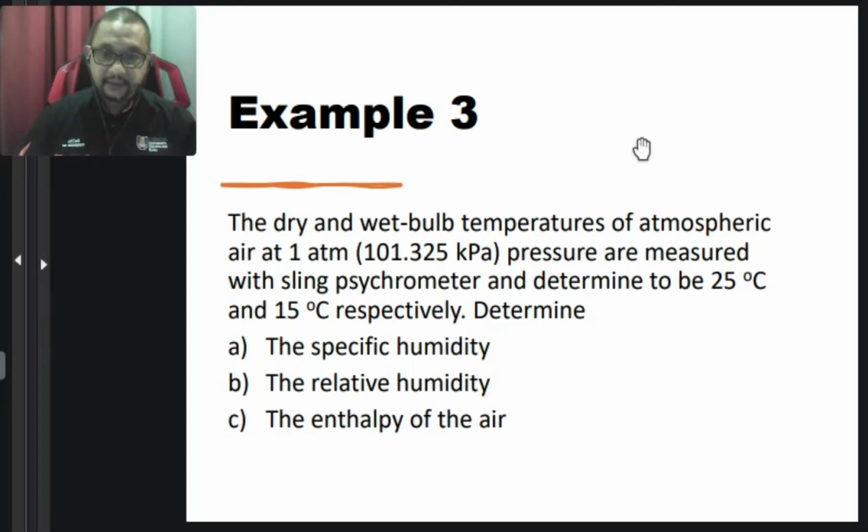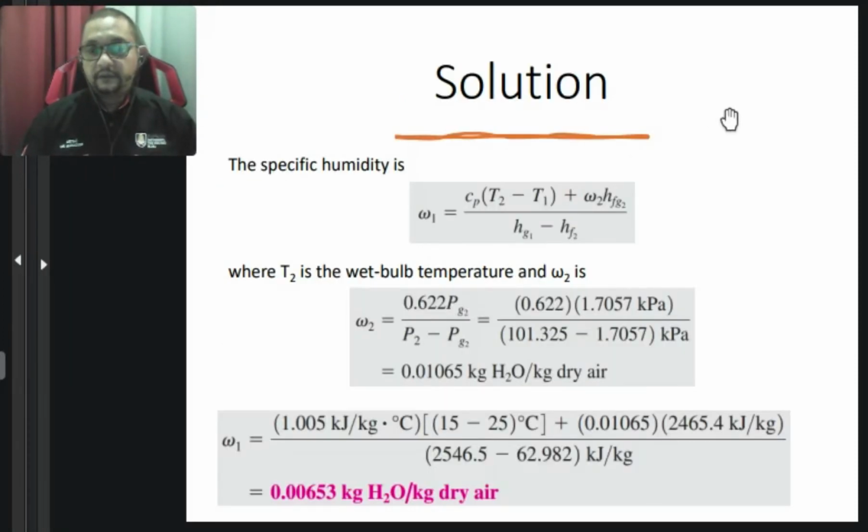Determine A, the specific humidity, B, the relative humidity, and C, the enthalpy of the air. Based on the equations that I mentioned earlier in the last lecture and in the previous slide, we can use these equations to find the specific humidity.